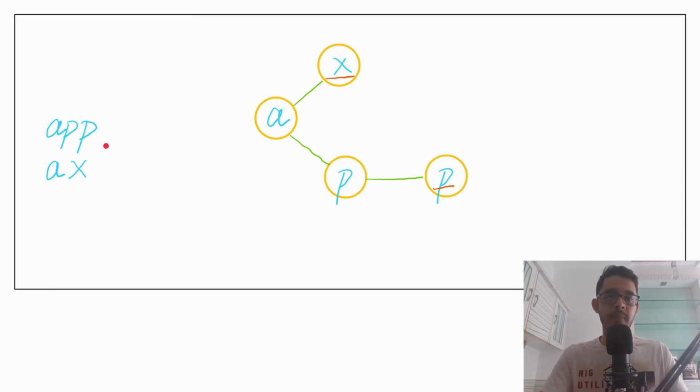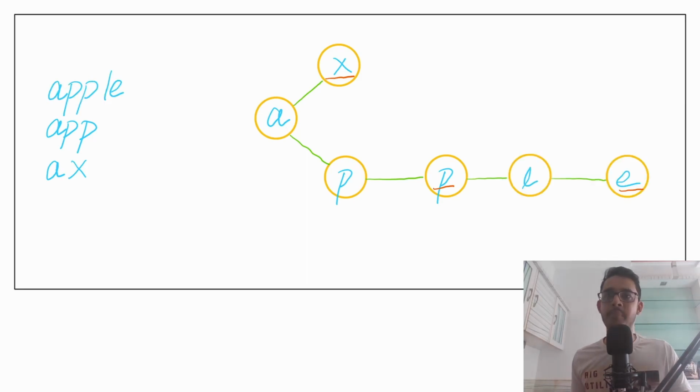So we'll have APP, and you'll quickly realize that even though we have this APP as another completely different word, both APP and AX share the same prefix A. And in this way, we have compressed the information just a little bit, but we can compress it even more. Let's take the case of apple now. Let's say that we want to insert this word apple inside of this data structure.